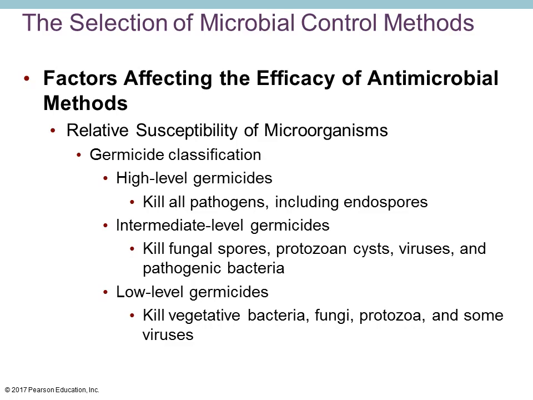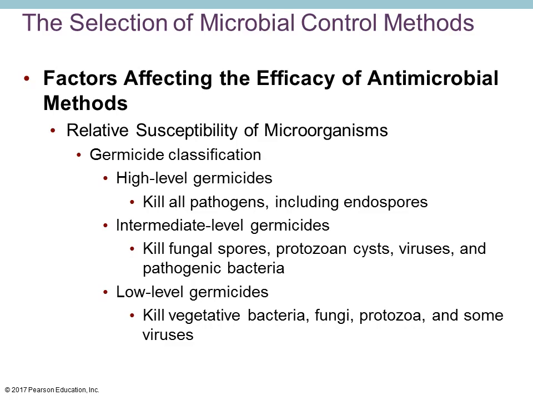Different factors can also affect the efficiency. Like I said, what is the relative susceptibility of the microorganism you're looking at? We classify the agents, the germicides, as high level, intermediate level, and low level. Germicide means it's going to be killing; they use the term germ because microorganism-cide is kind of a loud word. A high level germicide is going to kill all the pathogens, including those endospores.